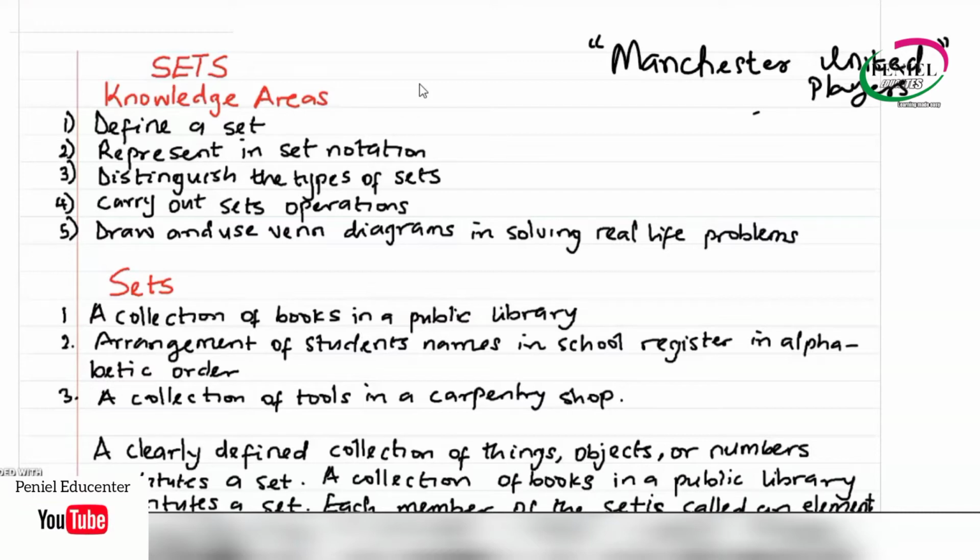Now, if we talk about the elements of a set, or the members of a set, for example, what are the elements or members of Manchester United players? We can have somebody like Luke Shaw. We have Rashford.